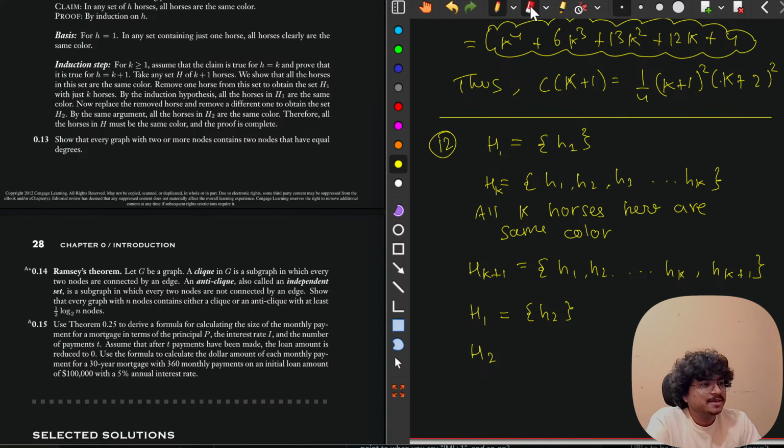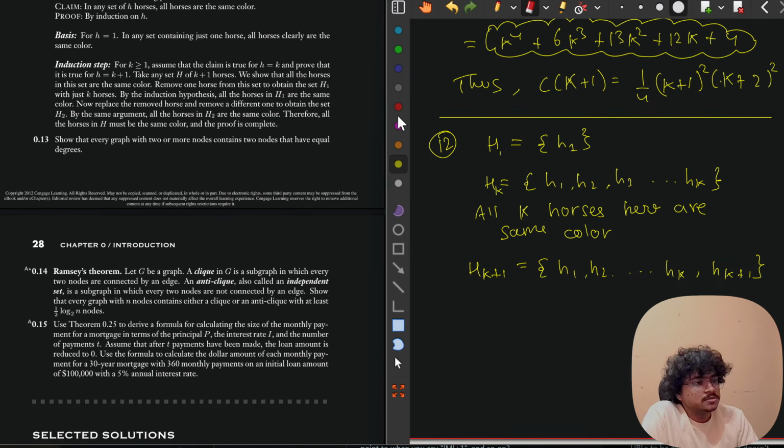You know what it is saying to me? H1, by the basis, this horse, same color. This horse, same color. I mean, you're just looking at one horse, and you're saying all horses are the same color. This way of checking is wrong, but how can I write it?